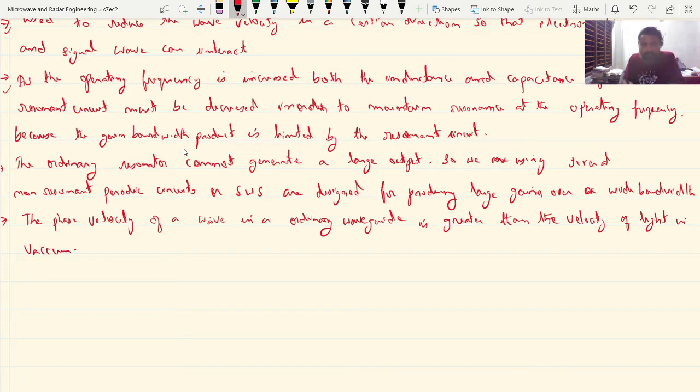Okay, the phase velocity of a wave in an ordinary waveguide is always greater than the velocity of light in vacuum.